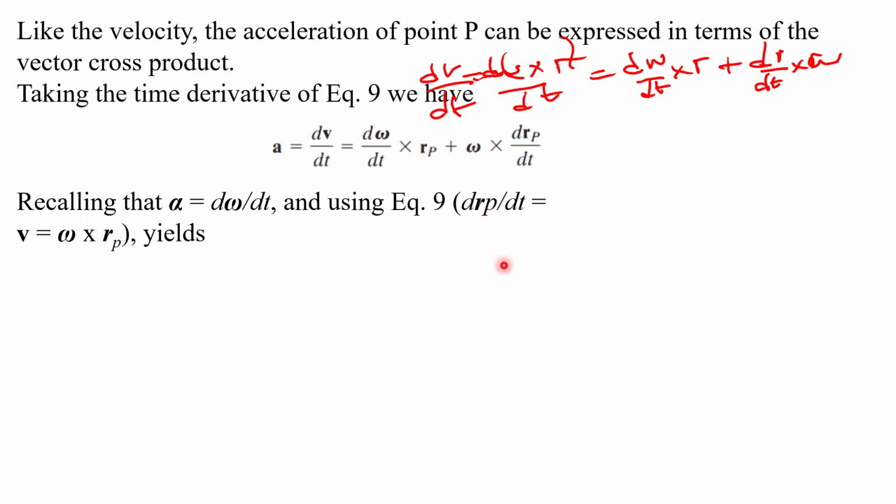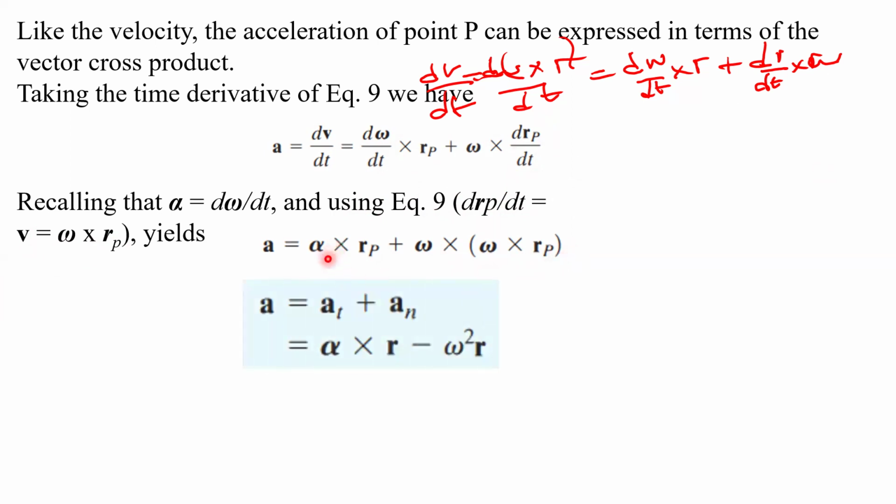So we can now turn this to its appropriate terms: this is alpha cross Rp plus omega cross, then dRp/dt is omega cross Rp. So we now have a triple multiplication here. We already showed that acceleration is the vectorial sum of tangential acceleration plus normal acceleration.